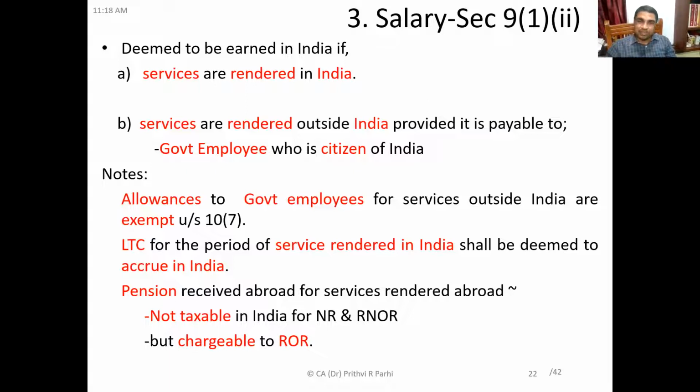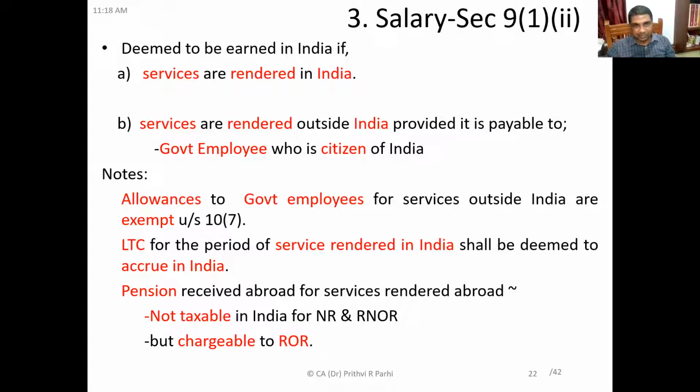But there might be some Australian citizen employees. That is not deemed to be earned in India, because even if they are government employees, they are not citizens of India. So services rendered outside India, provided it is payable to government employees who are citizens of India, shall also be deemed to be earned in India. Is it clear to you?